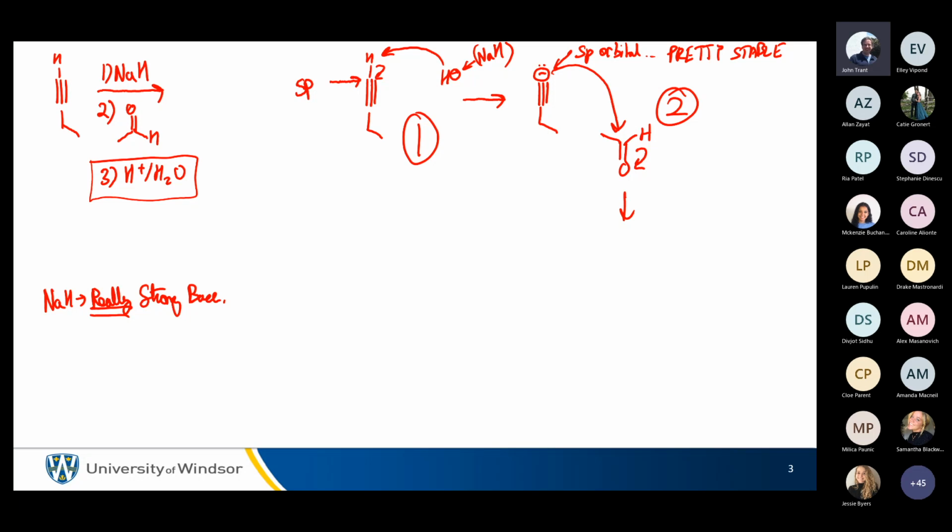H- is taking the H. We're generating hydrogen gas. Then we have the lone pair on the acetylide attacking the carbonyl. We just saw this. This is the same pattern that we've seen. And then we have step 3, which is the workup.